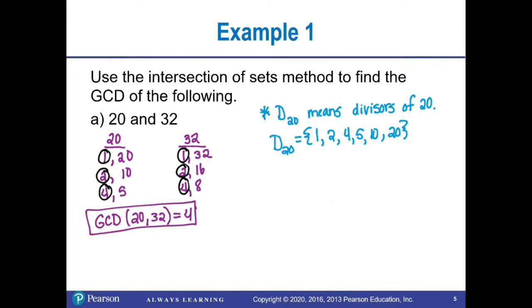And then notice we have the divisors of 20 listed, 1, 2, 4, 5, 10, and 20. Now you could do the same thing for the divisors of 32. You'd have a D with a subscript of 32, and you would still find the largest number that's in common in both lists. Either method is fine for a show work problem on a quiz.